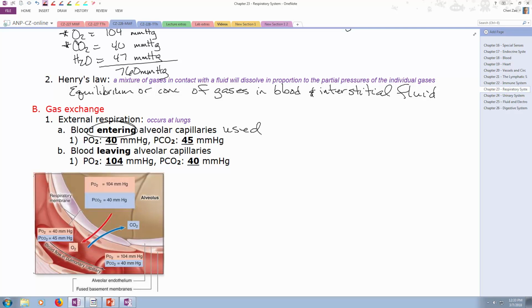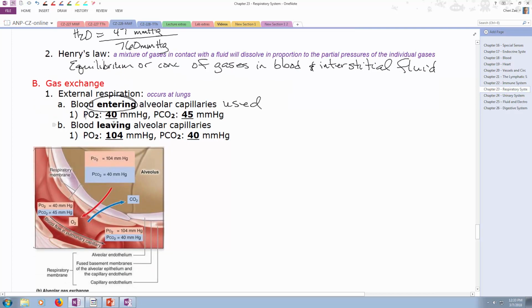What's really important to understand is that the one that regulates how we breathe is carbon dioxide. It's actually not oxygen. That's because carbon dioxide has a great impact on pH, and acidic pHs are not well tolerated.